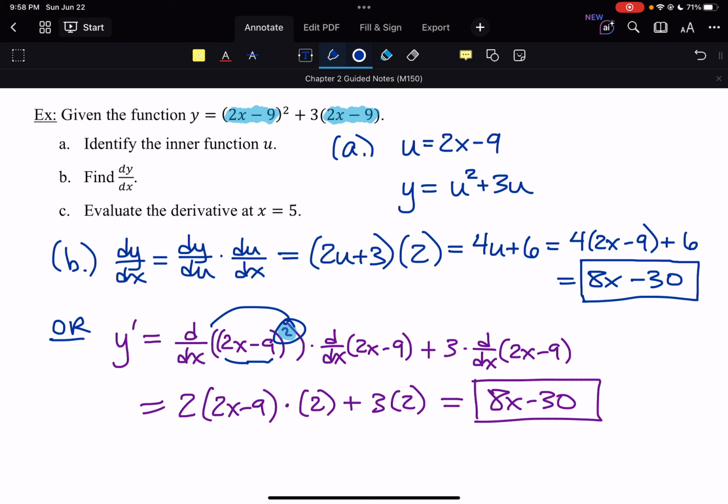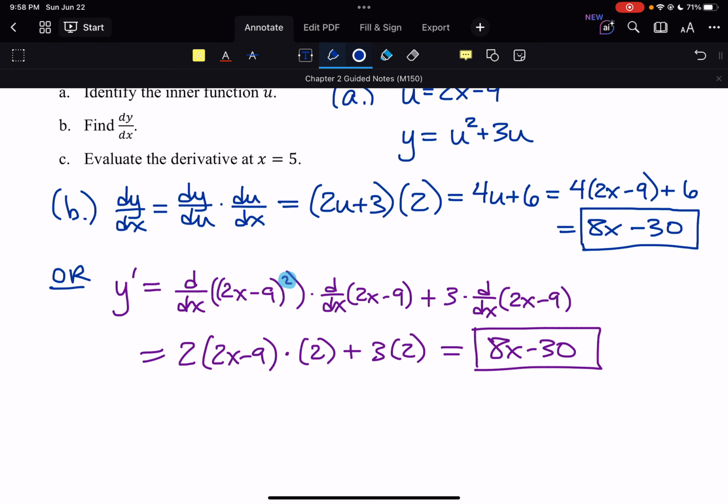So again, we would bring down the 2 for the power rule, but we would leave the inside intact and then multiply by its derivative over here. Part C of this just said evaluate the derivative at 5. We can absolutely do that. So y prime of 5. That's 40 minus 30 is 10.